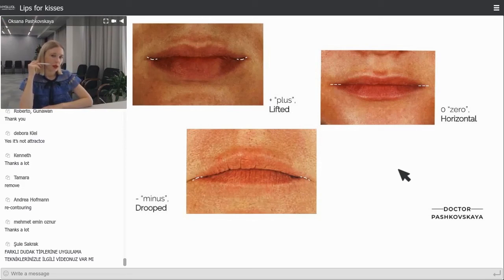Put a little amount of the drug, about 0.1, 0.2, then make a line and stop the injection. It's like the Mona Lisa technique, and it could give really very good results.